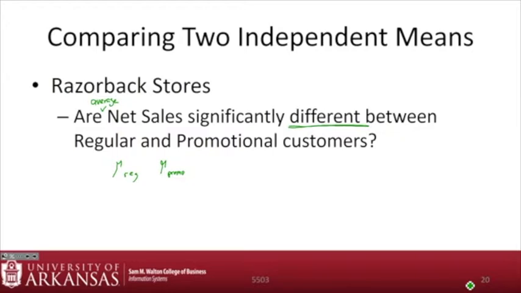Now, do I have a hypothesis, or do I have an idea which one I want to be more? Probably promotion. I mean, it makes sense that if I'm doing promotional, I want the average sales for my promotional to be happy, right? So I could have written this question. So here, first let's do this.